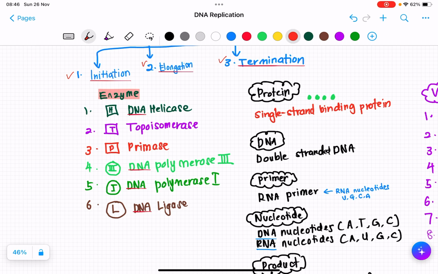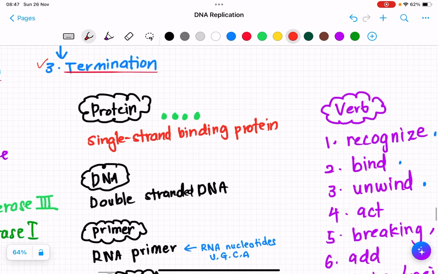If DNA helicase having problem, mutated, so the answer should be the parental DNA cannot unwind. So basically, you have to remember the name and the function of each enzyme. Basically, we have 6 enzymes in DNA replication.